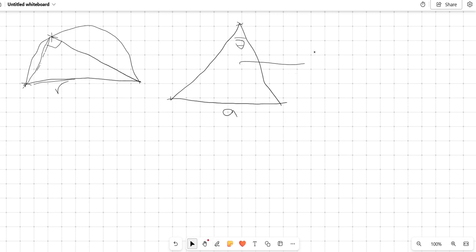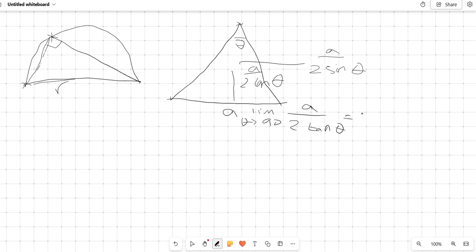The radius will be a over 2 sine theta, and then the height off will be a over 2 tan theta. I mean, this kind of just agrees with what I've just said, because a over 2 tan theta, if you take the limit as theta approaches 90, will just be 0. So we know that the height is 0.